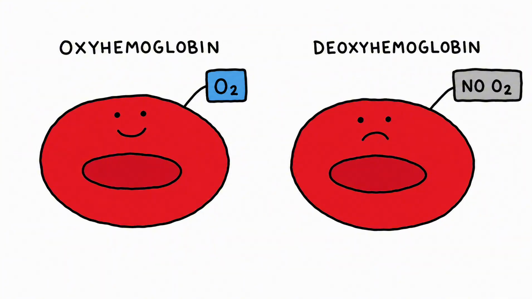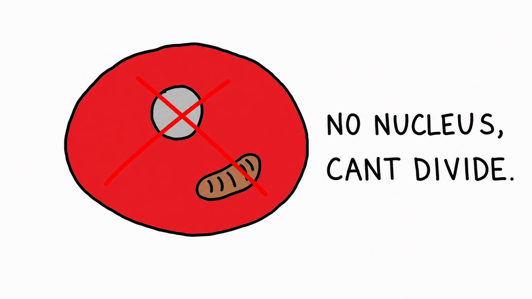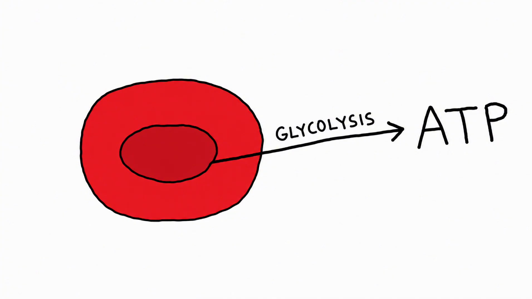If you see it without oxygen, deoxygenated, then that's known as deoxyhemoglobin, so that's without O2. Red blood cells, or RBCs, lack a nucleus and mitochondria. These get discarded through development, and they cannot divide, but they can produce ATP. They produce that through glycolysis.